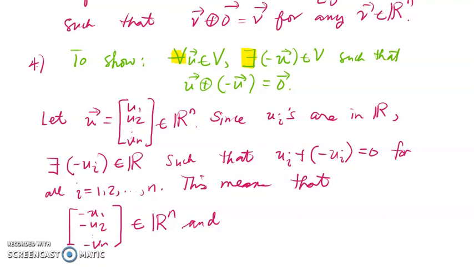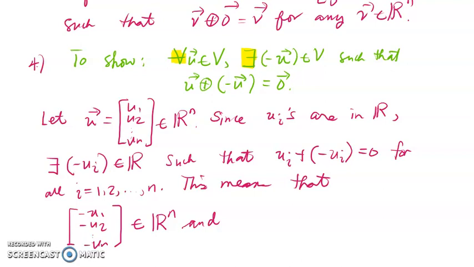Because u is in Rn, the entries of this matrix are elements of the real numbers, and because they are real numbers, they have additive inverses. So each ui has an additive inverse, meaning there exists a negative ui in the set of real numbers such that ui plus its negative is equal to 0 for all ui, where i ranges from 1 to n.